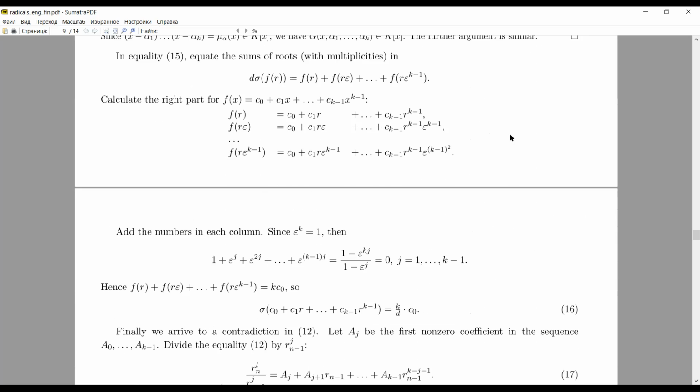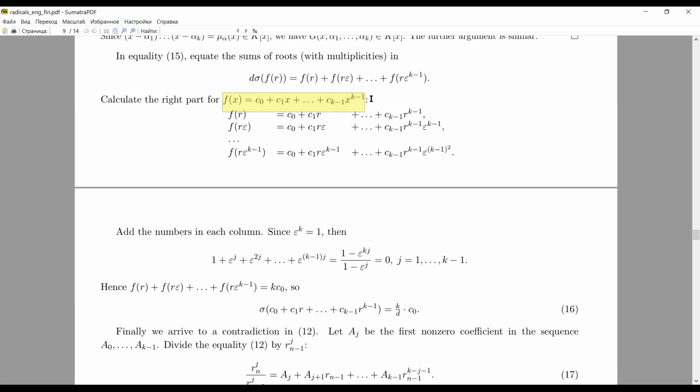Recall that sigma of some number is the sum of all conjugates of this number. So you see that d sigma of f of r is the sum of roots of the left hand side, and now we calculate the sum of conjugates for the right hand side when f of x has the following form.